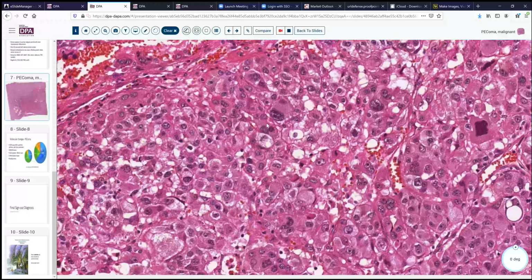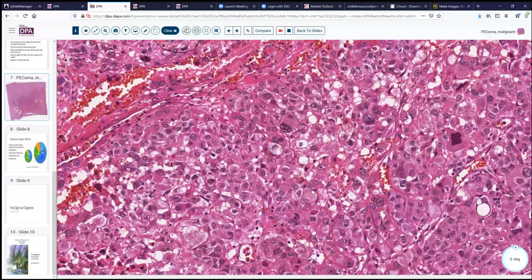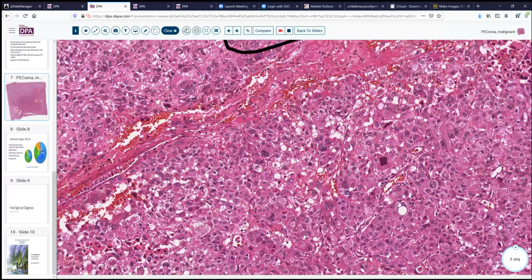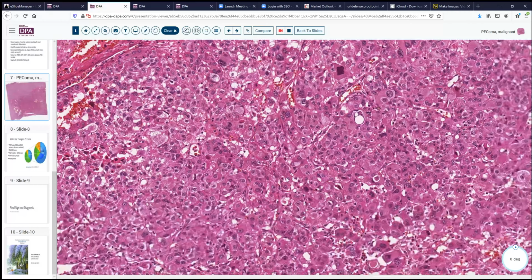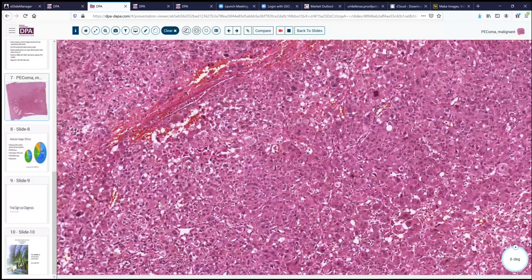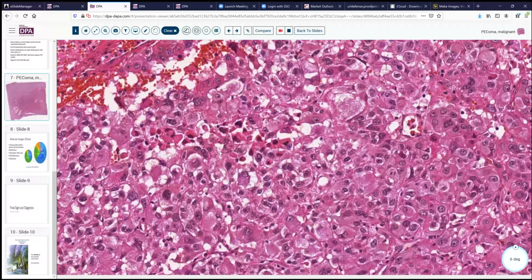More high-grade nuclear atypia and various other degenerative changes. We see the cytoplasm is eosinophilic, granular, variable in terms of size and distribution. And there are delicate areas of maybe some necrosis, some single cell apoptosis going on.